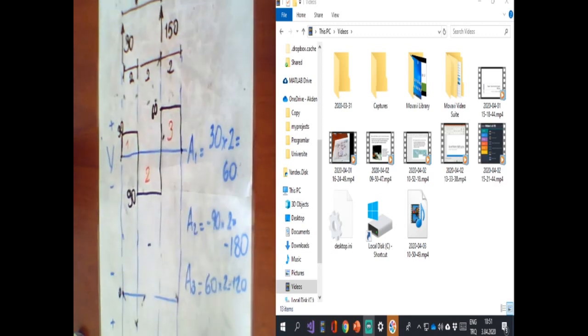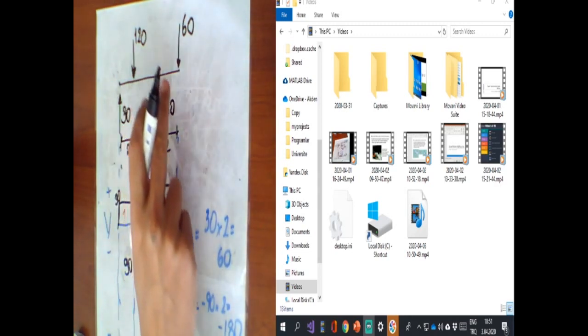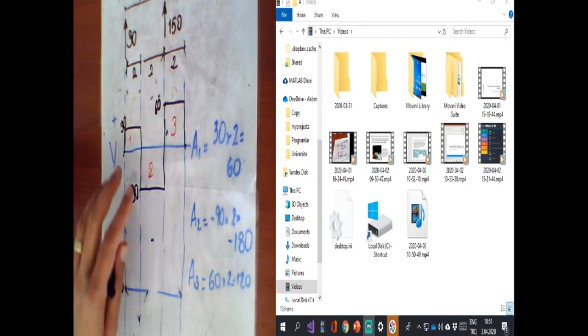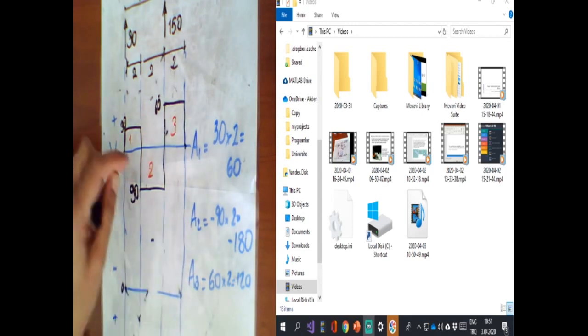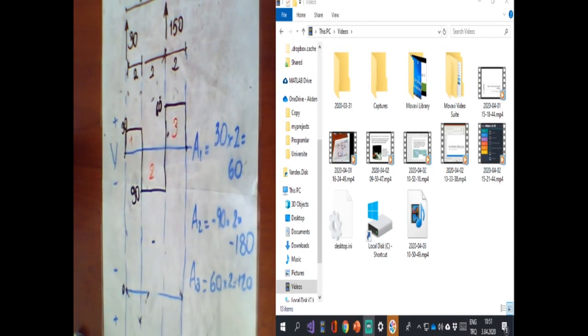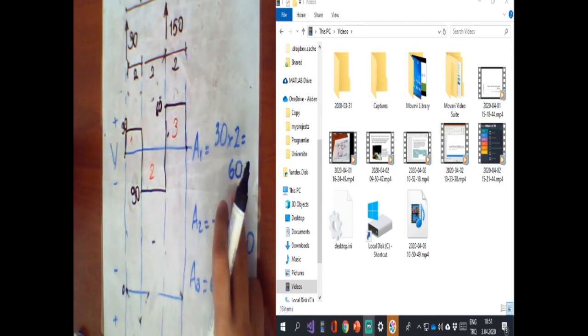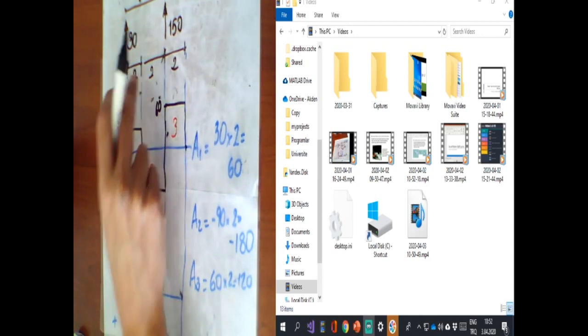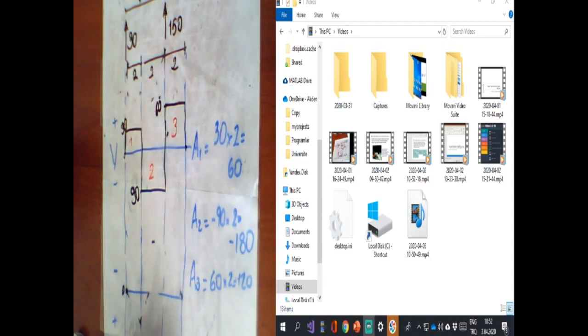In this moment diagram, there is no extra moment available on the free body diagram. Therefore, I will only add the areas of the shear force, the moment changes due to the shear force, and I start from 0. I add 60 from this point to this point. I forgot to say, for the up direction I put the negative, for the down direction I put the positive.